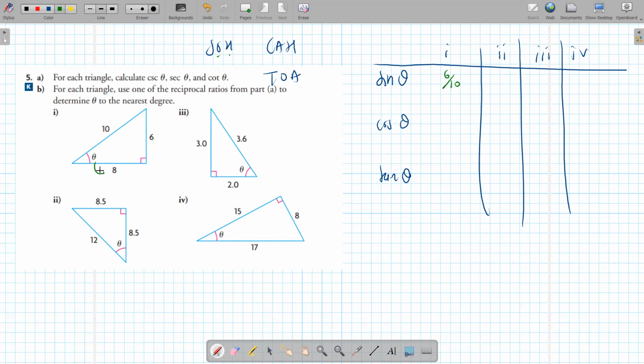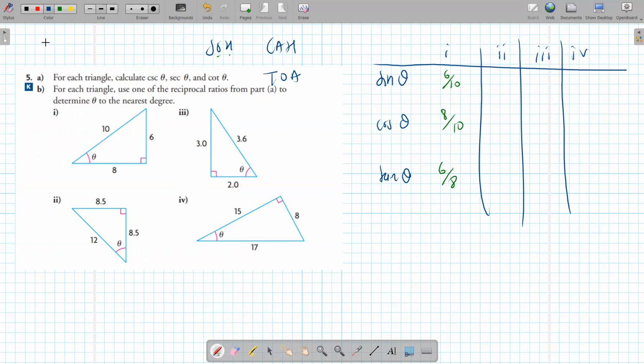So for theta, this would be the adjacent, which means cosine would be adjacent over hypotenuse, 8 over 10. Similarly, tan is going to be the opposite over the adjacent. So this is going to be 6 over 8. You can reduce them if you want to. Doesn't really make a difference. And there you go. That's all you have to do.